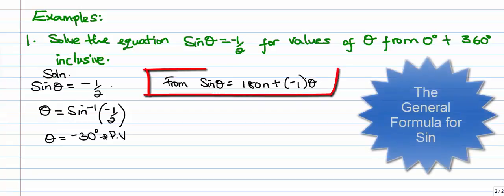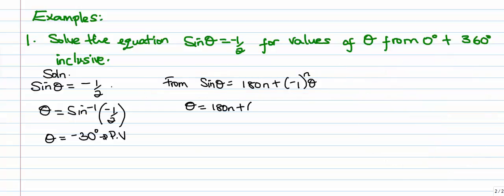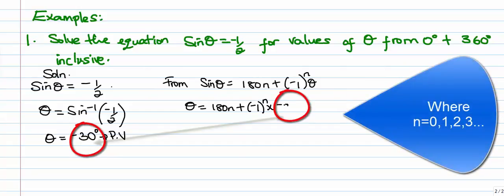So from our formula, we said that sine theta is equal to 180n plus, in brackets, -1 to power n theta, where n is 0, 1, 2, 3 up to infinity when we reach our limit.